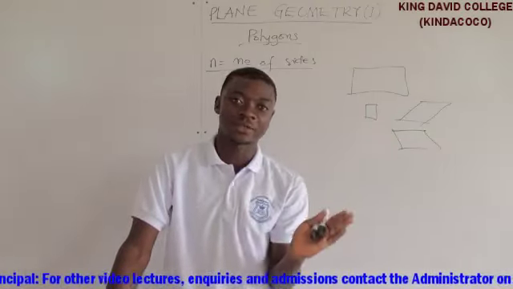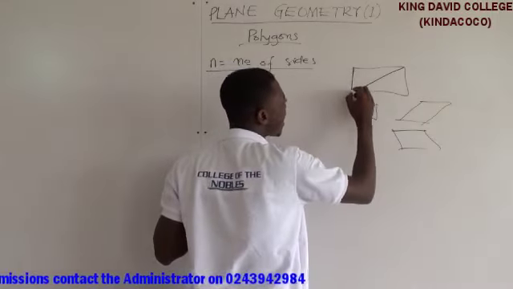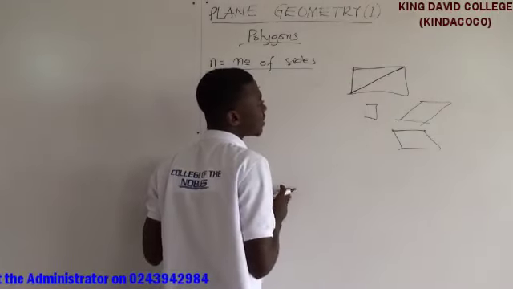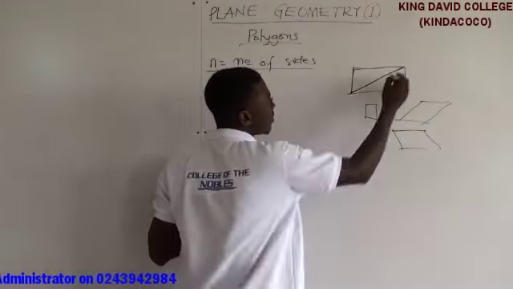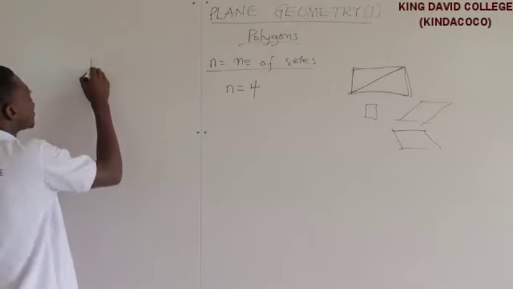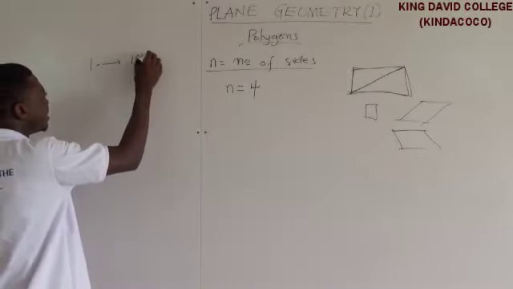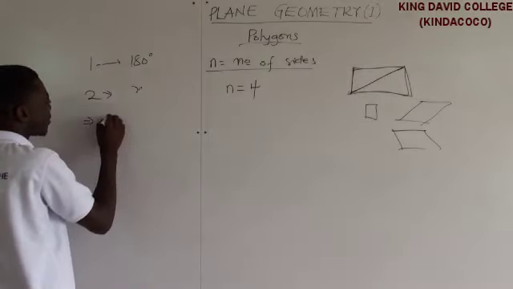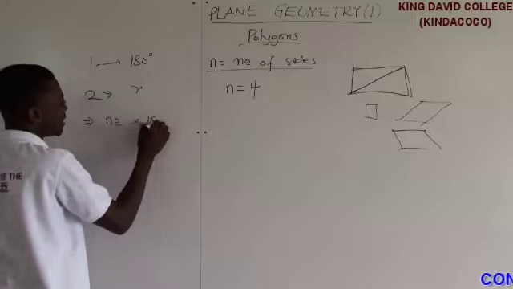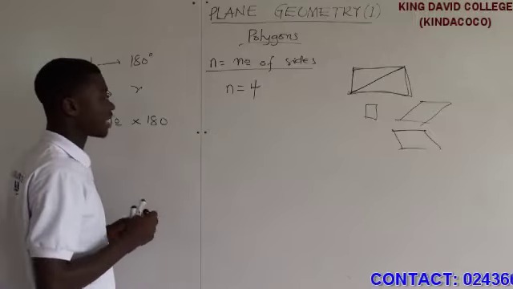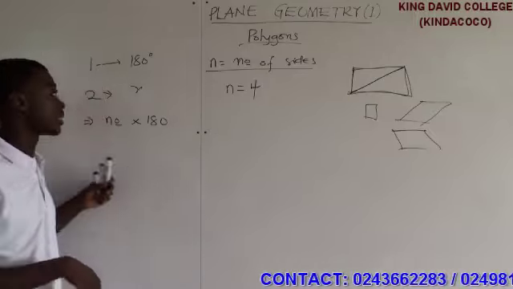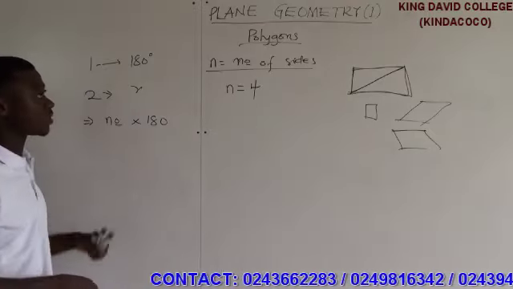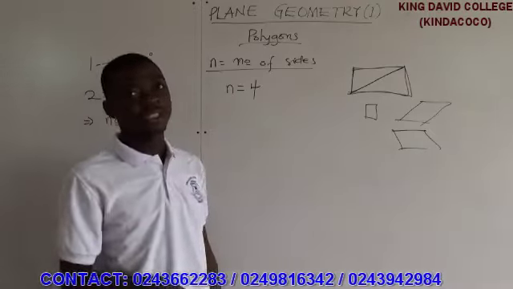For instance, in this one, when we draw a line like this, we have this one being a triangle, and this side as well being a triangle. So there are two triangles in it. If one triangle is 180, then two triangles will be what? It's the number of triangles times 180. So the number of triangles you can find in that polygon times 180 will give you the total interior angle.